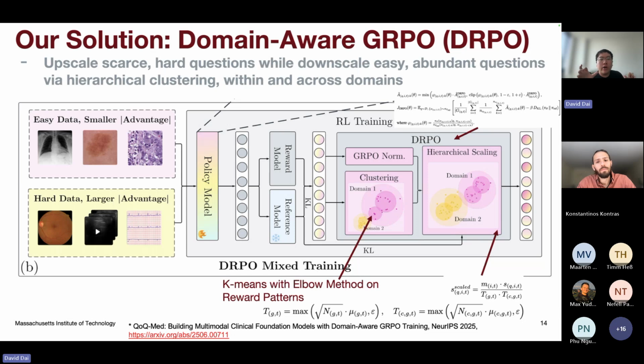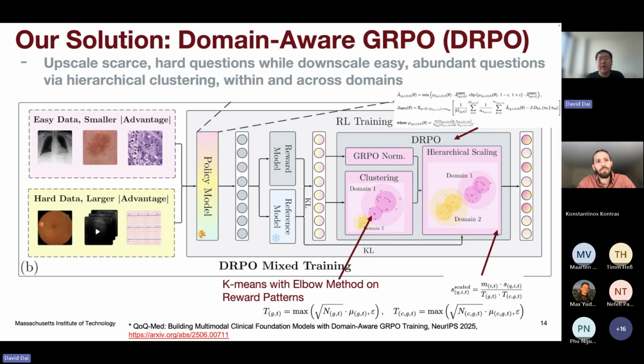From the RL training, we have multiple rollouts for each of the samples, which means that the model outputs multiple answers for each given input question.